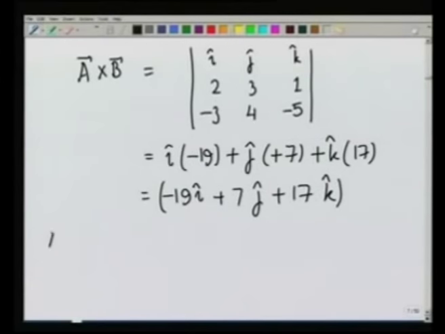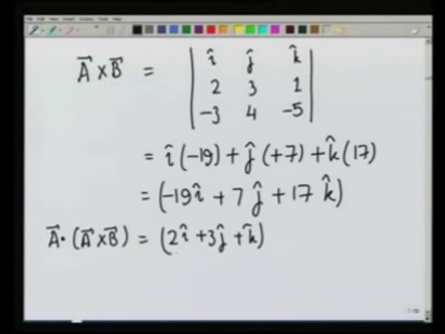Let us take A dot A cross B, which is equal to 2i plus 3j plus k dotted with minus 19i plus 7j plus 17k. Now, I can use the distributive property and show that i dot i is 1. So, this is going to be minus 38, i dot j is 0, i dot k is 0.